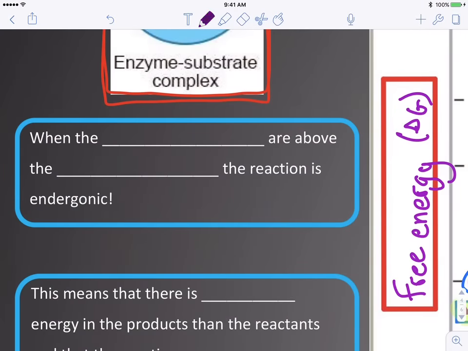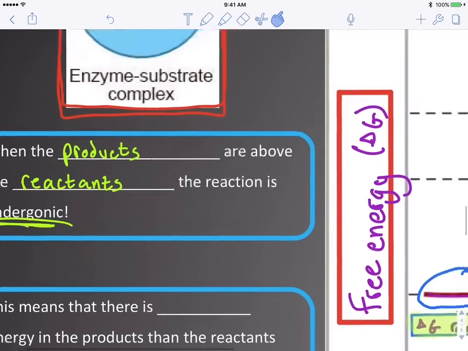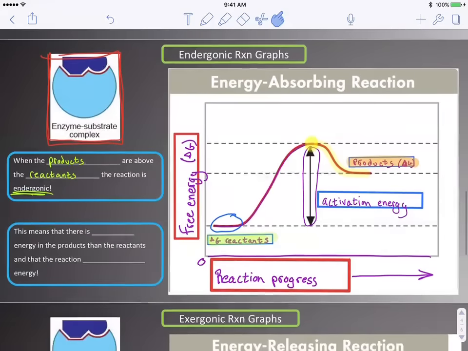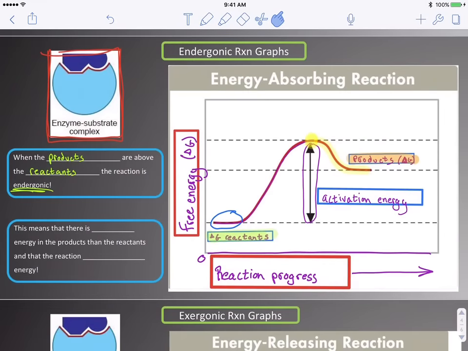Well, when the products are above the reactants, this is an immediate signal that the reaction is endergonic. So anytime that you see this red line go all the way up to the top, and you see the products above the reactants, you know it's going to be endergonic.